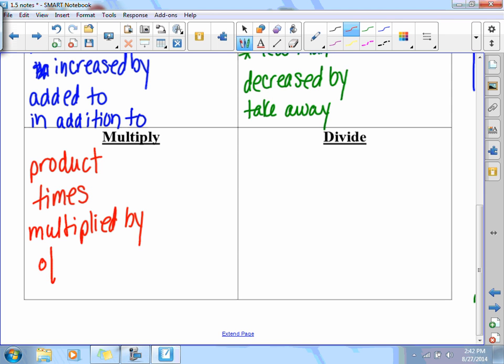Of is probably the littlest word that implies multiplication. Half of something. You could also have words like half or twice or double or triple. Those could also imply multiplication.